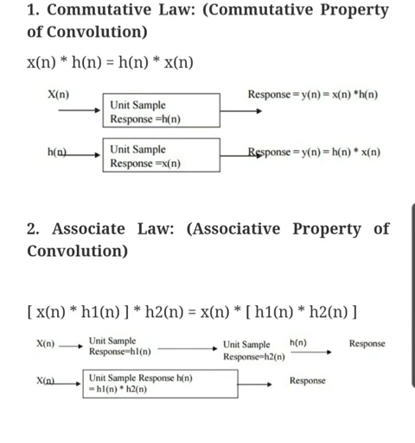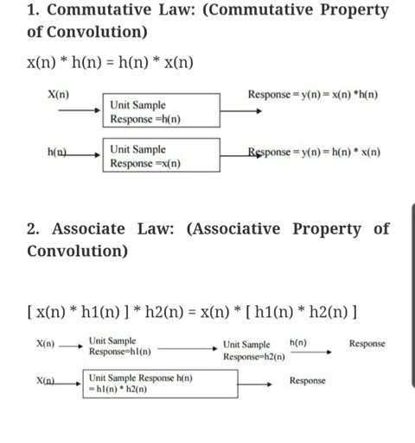The next property is the associative property of convolution, or associative law. It states that [x(n) convolution h1(n)] convolution h2(n) equals x(n) convolution [h1(n) convolution h2(n)].